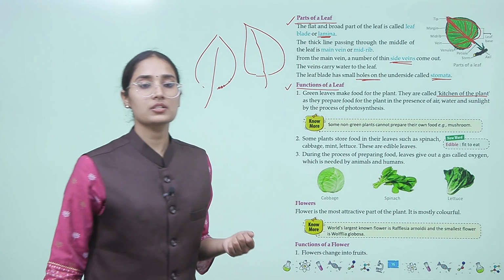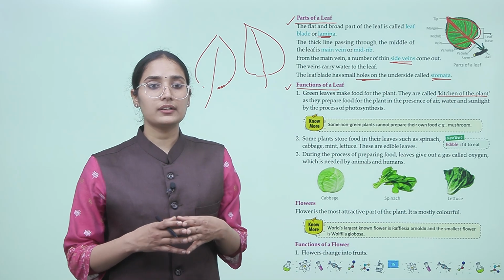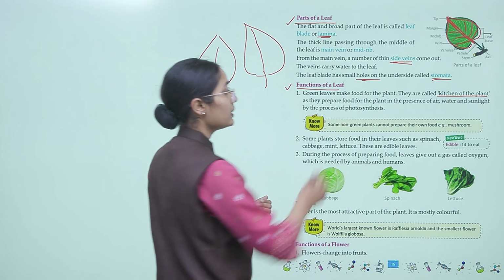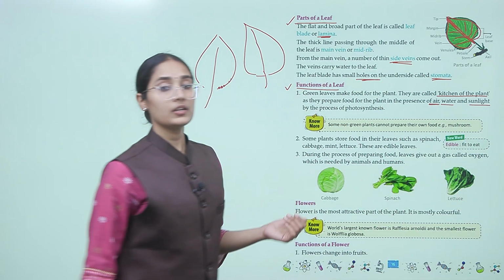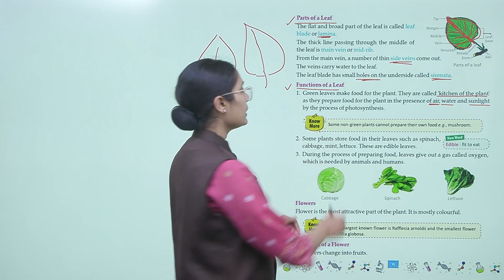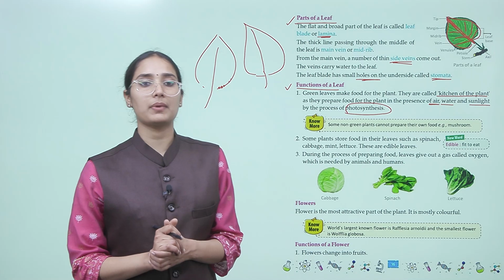So what is a kitchen? Basically a kitchen is the part of a house where food is prepared, right? So this is the part of a plant where food is prepared in the presence of air, water and sunlight, right? So it takes up air, water and sunlight, and this process is called photosynthesis, through which food is prepared.